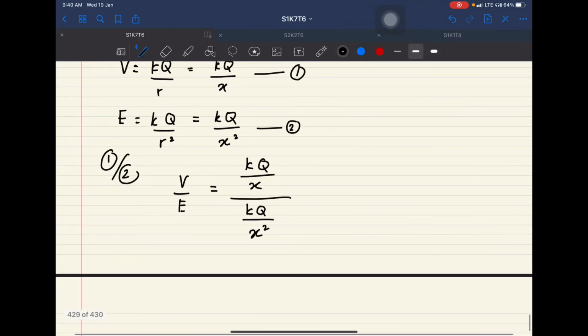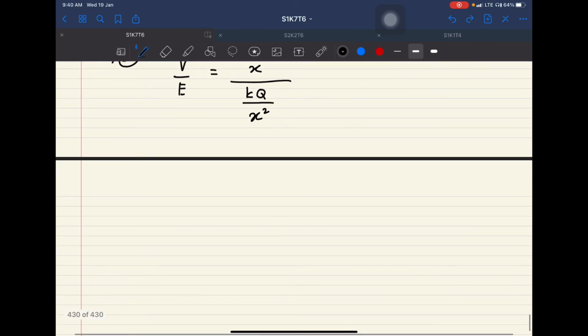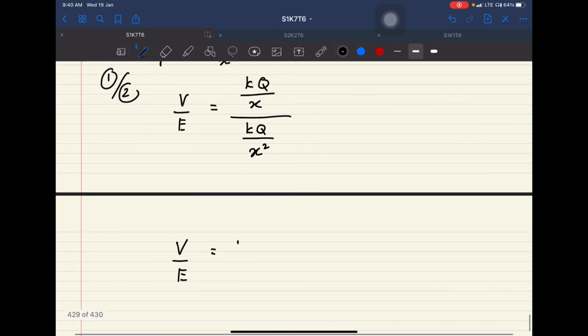You can leave it like this, or sometimes students might find it a little bit confusing, so I just rewrite that one. Basically, instead of dividing by that, I change to multiply, but I invert the below one. So it becomes X squared over KQ.